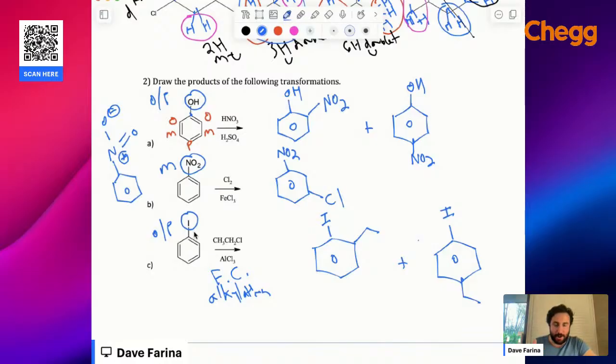The carbon-halogen bond is withdrawing electron density, so it's destabilizing and slows it down. But because of the lone pairs, it is ortho-para directing. So donating, activating, ortho-para; withdrawing, deactivating, meta. But the exception is halogens: withdrawing, deactivating, but ortho-para. That's all you have to memorize right there.